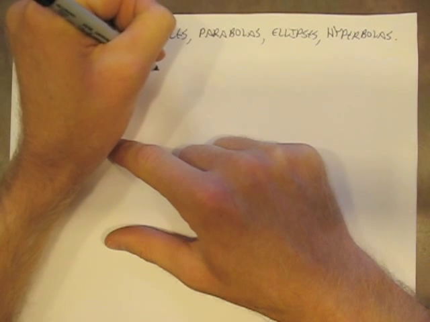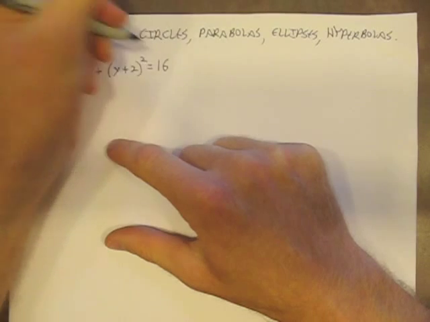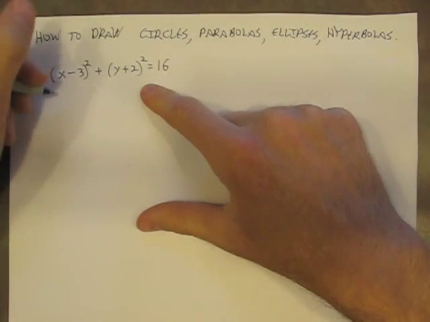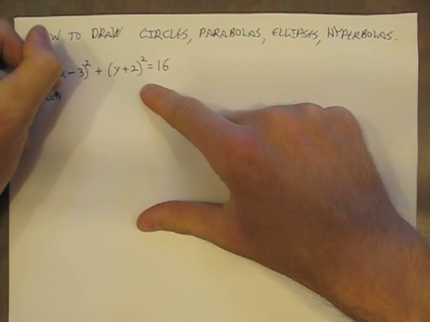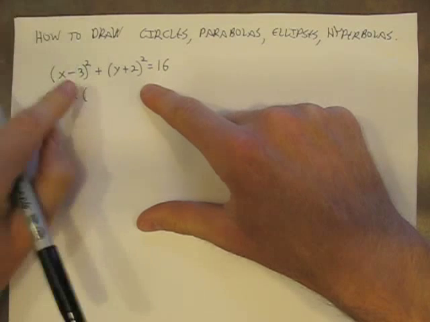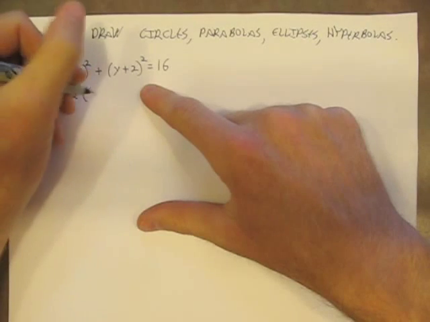Now let's make it equal to 16. Okay, so now that means that this circle has a center at 3, negative 2.